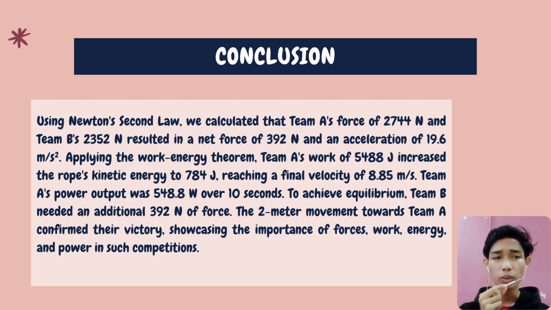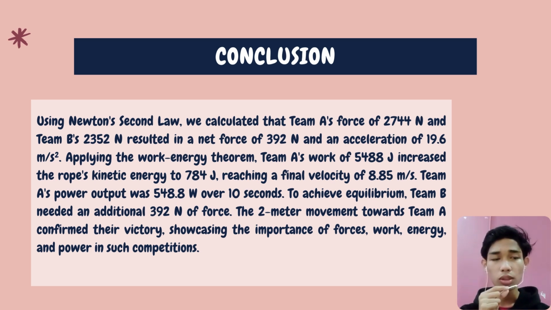For the conclusion, we found out that using Newton's second law, we calculated that team A's force of 2744 Newton and team B's of 2352 Newton resulted in a net force of 392 Newton and an acceleration of 19.6 meter per second squared. Applying the work-energy theorem, team A's work of 5488 joules increased the rope's kinetic energy to 784 joules, reaching a final velocity of 8.85 meter per second.